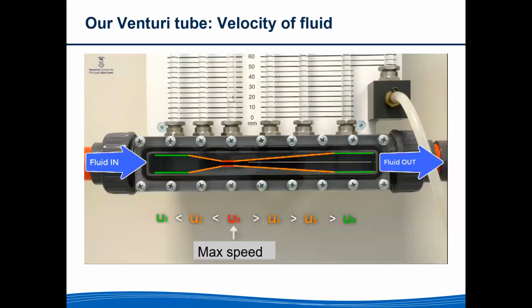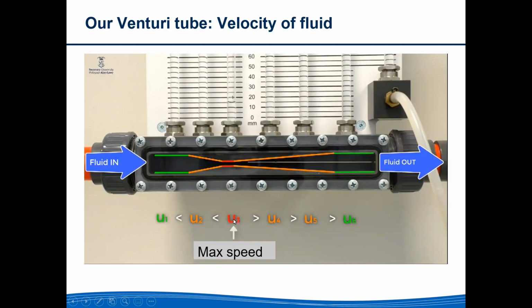What is the manometer, essentially? So take a look at the first point, the velocity of the fluid. The fluid comes in at a certain velocity. You need to calculate the volume flow rate. So knowing the cross-section area, you can calculate the local velocity, and you can analyze the speed of the fluid at different points.